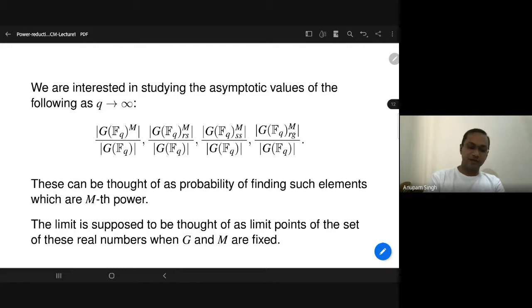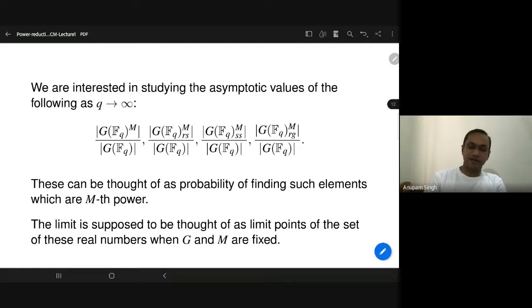So the question I am going to ask is, if I take the limit q tending to infinity, whether it has some finite value, and what is that value? In general, |G(F_q)^m| or |G(F_q)| is a polynomial in q, with something to do with m, and of course something to do with the group itself. But can I say that this ratio will be finite, and what is that value, right?